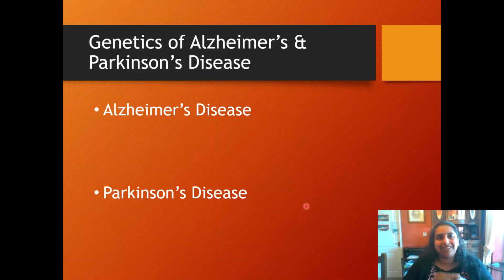So I hope that I've given you a flavor for the genetics of Alzheimer's and Parkinson's disease, and some of the molecular biology, and some of the signaling, and some of the details of what might be going on in the neurons of patients. If you're really interested in any of the particular concepts and you want to find out more, please do follow the links.